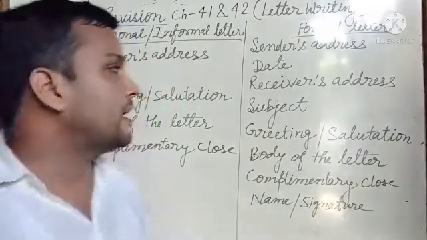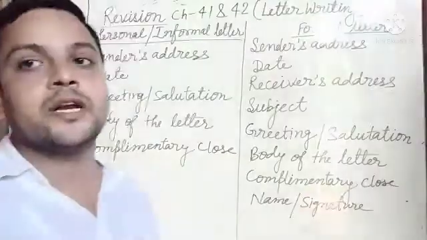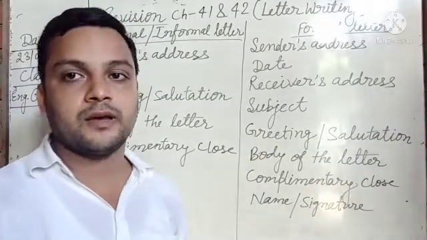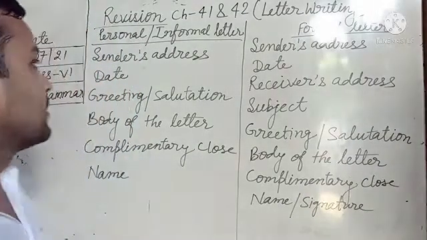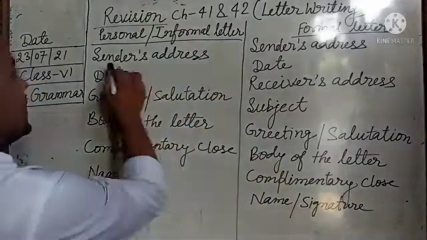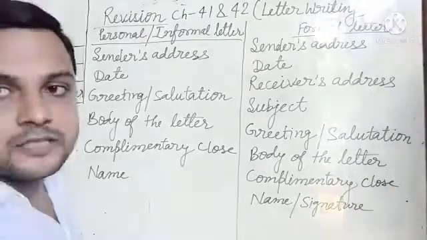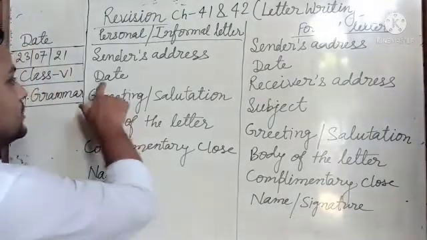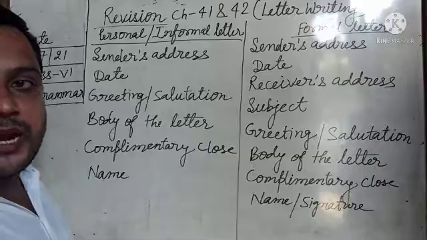Okay, so I have written the format of these two letters. You have to follow this format in your examination. First of all, in personal or informal letters, we write the sender's address, which means our own address. Then we write the date on which we are writing the letter.